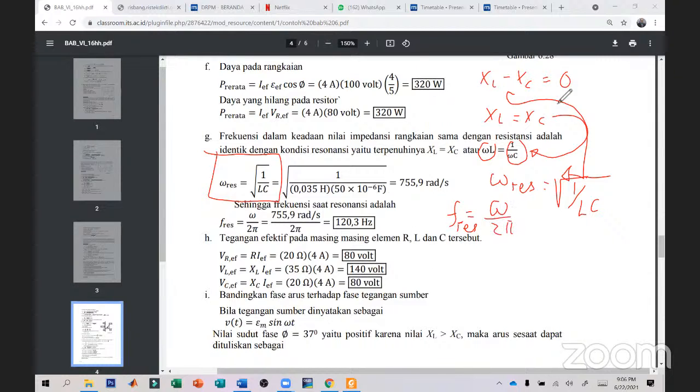From the expression omega is 2 pi f, so f is omega over 2 pi. It's the resonance.